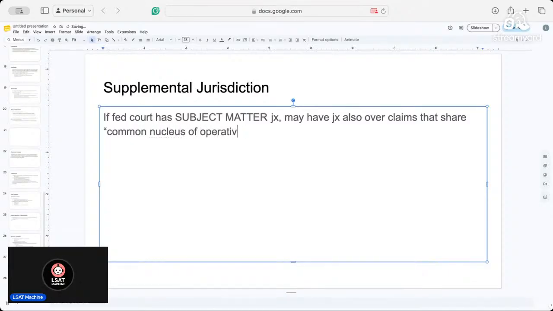And the reason I'm typing it in quotation marks is because in law, there are terms of art, kind of like magic phrases that you have to say, and this is one of the magic phrases.